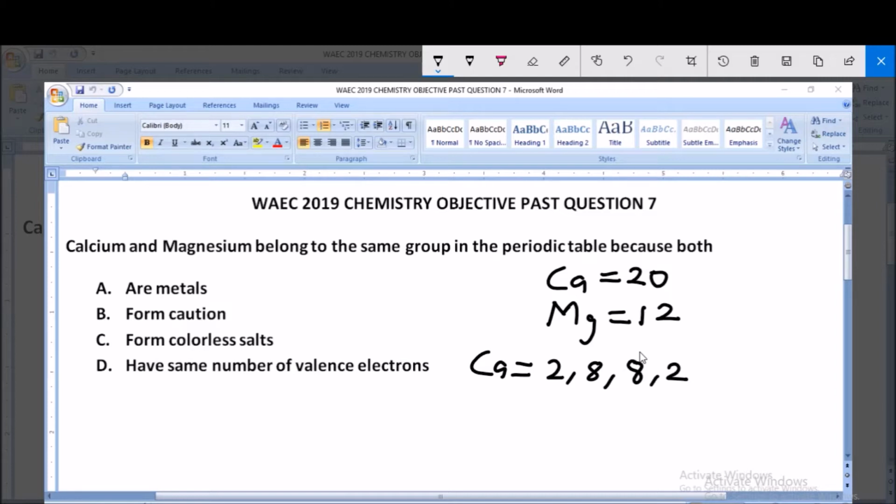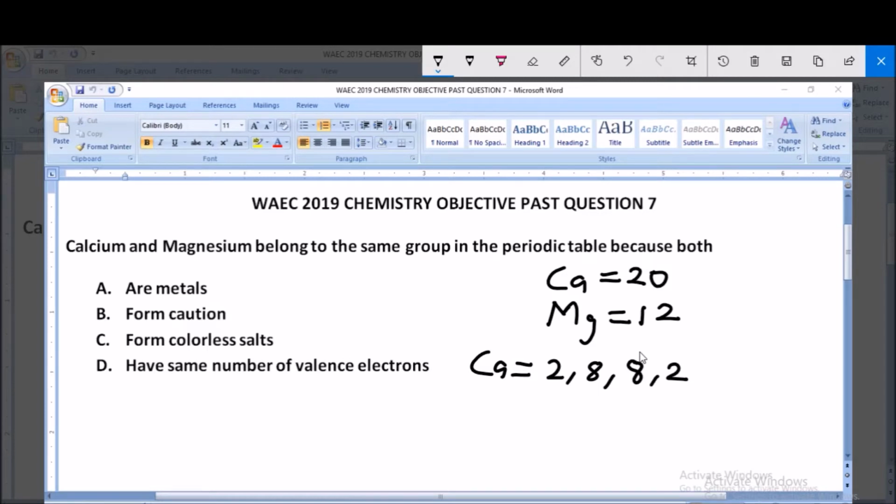So you have 2 electrons in the K shell. Then L and M can each take a maximum of 8 electrons. So L for calcium takes 8, M takes 8, and then N, which is the outermost shell in the calcium atom, has 2 electrons.